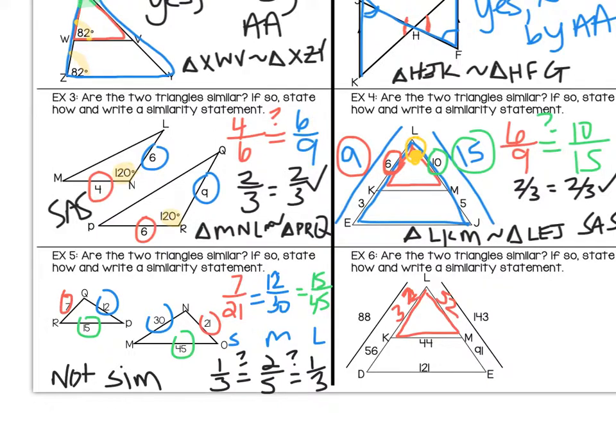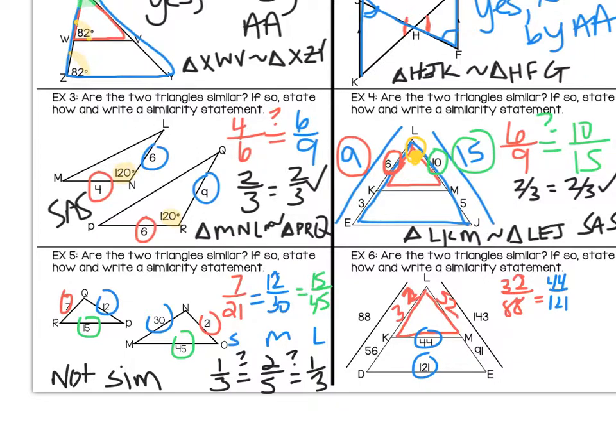And once again, we're going to do small, medium, large. So small for my red triangle is 32. Small for my big triangle is 88. And we're going to try that with the medium, which is my base, 44 over 121.